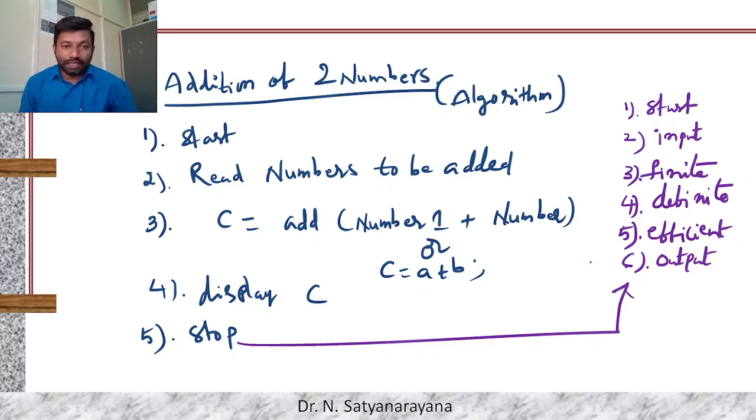My point for today is that this algorithm can be written by anyone. A person who knows Telugu can write it in Telugu. The person who knows Tamil can write it in Tamil. What happens if somebody writes the algorithm in Telugu? It is accepted.